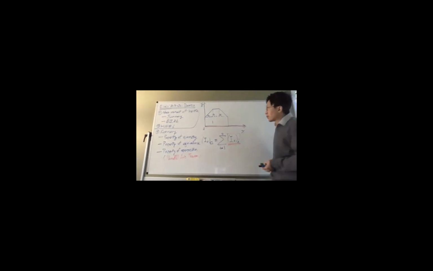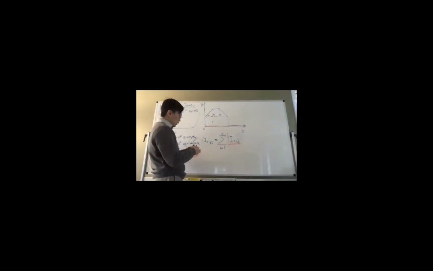So if you remember what we did with the triangular plate and the rectangular plate case, we know the mass moment of inertia at the center of gravity individually. Like we know this one.